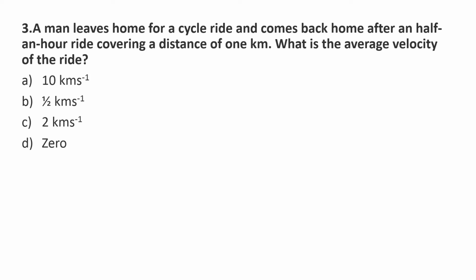So you get displacement as 0 because the initial and final position are the same, so the change in position becomes 0. So if the change in position becomes 0, you get average velocity also 0. So the answer is option D, 0.